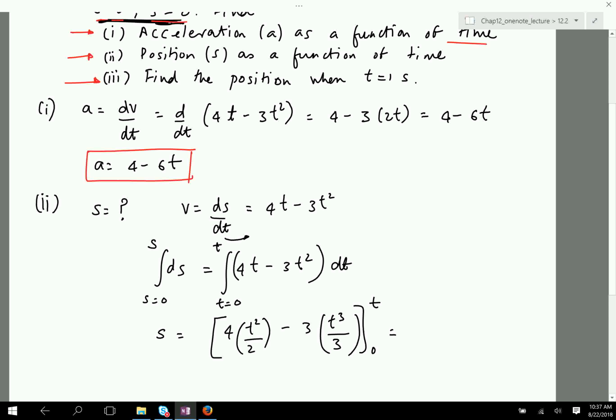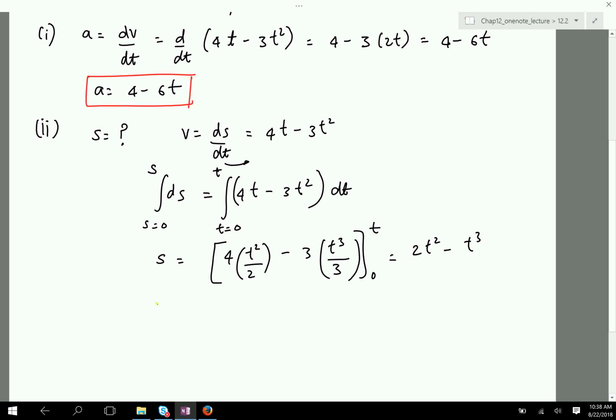Essentially the lower limit equates to 0, so this will give me 2t squared minus t cubed, and so the expression for the displacement is 2t squared minus t cubed.